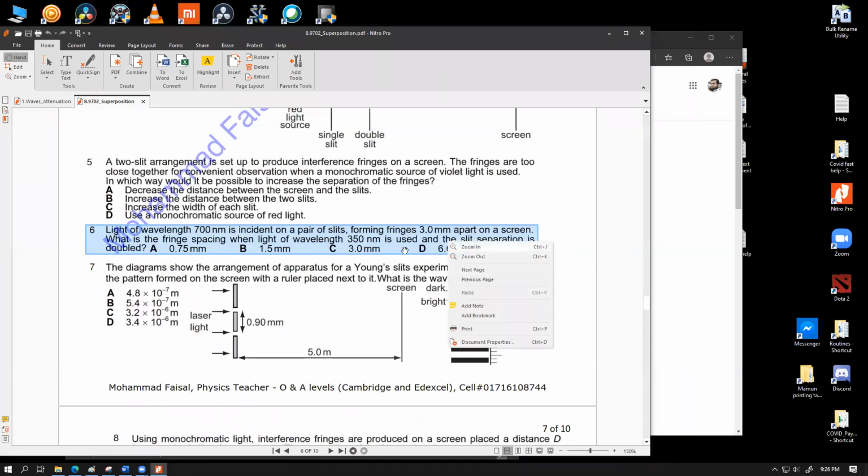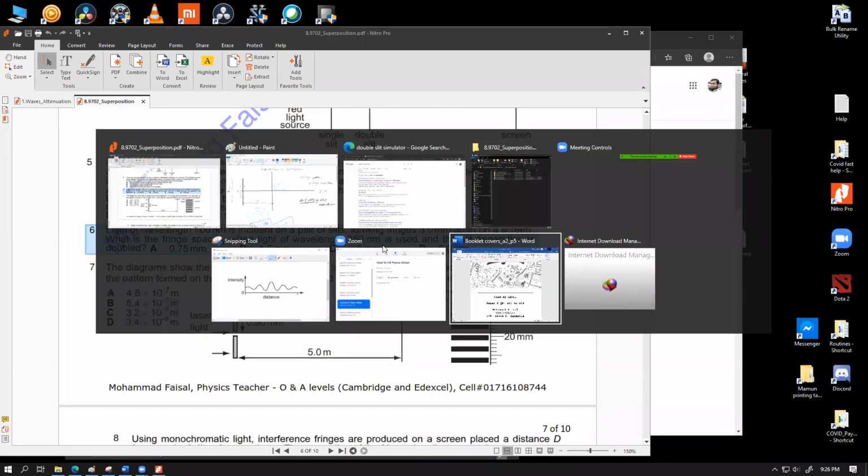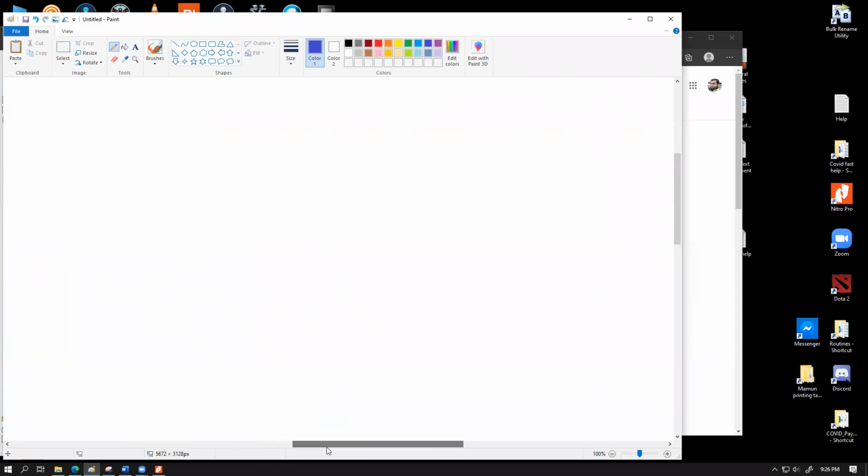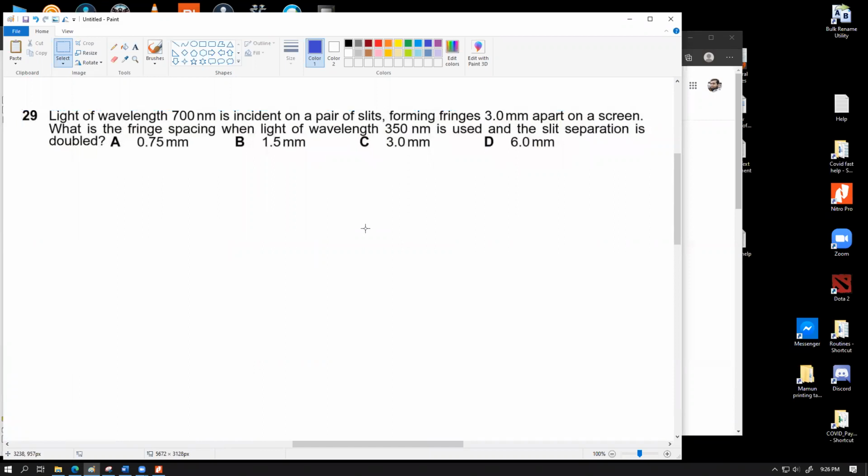I'll copy and place it on my thing. So এখানে for the first equation, 700 into d equals a into 3. তো বলছে 350 into d, চেঞ্জ করে নাই, d নিয়ে কোনো কিছু বলে নাই, তার মানে d আনচেঞ্জড। স্লিট সেপারেশন ওয়াজ ডাবল, তার মানে 2a into x.